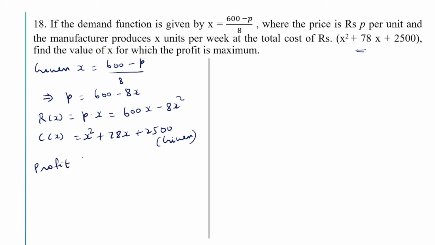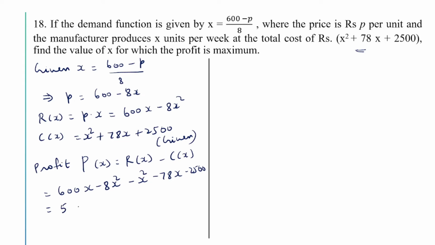So profit P of x is equal to R of x minus C of x, or it is equal to 600x minus 8x square minus x square minus 78x minus 2500, or it is equal to 600 minus 78, which is 522x minus 9x square minus 2500.